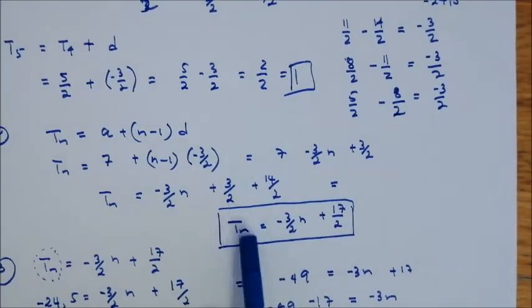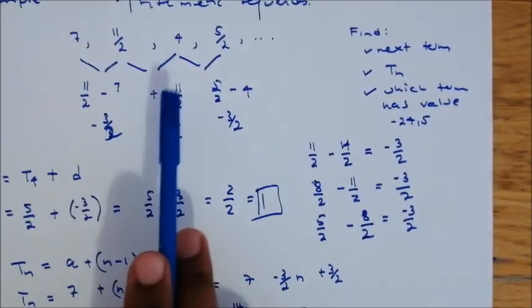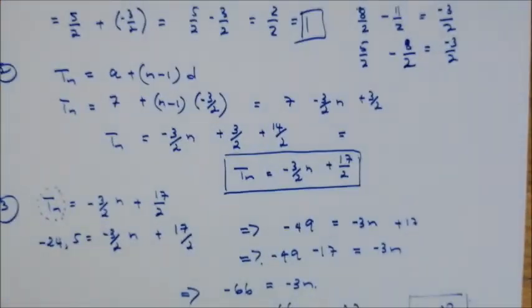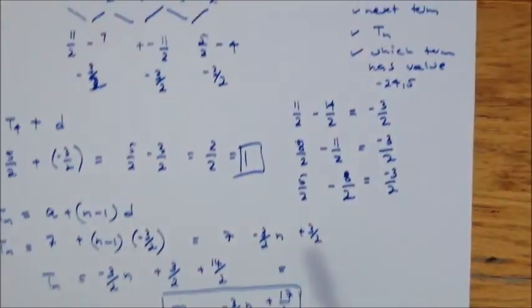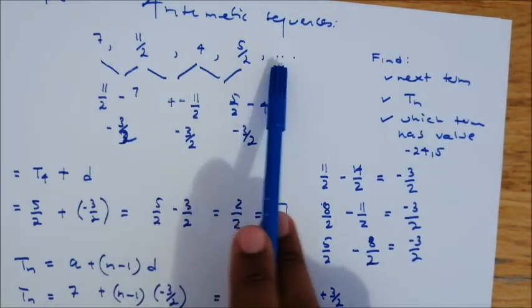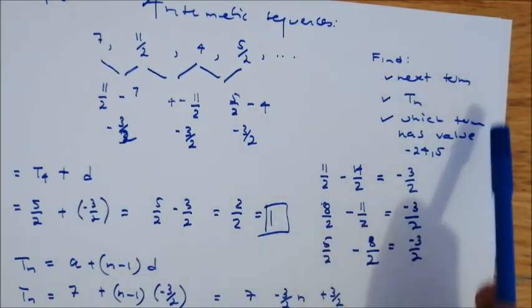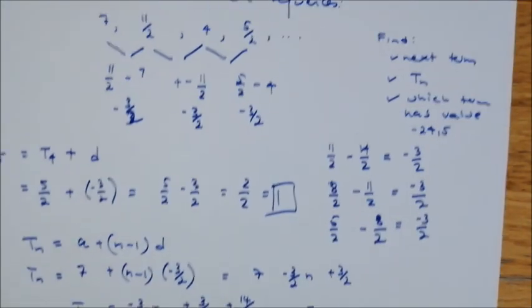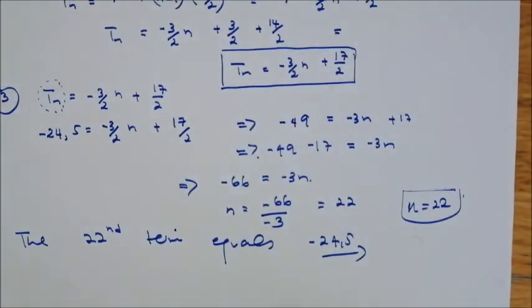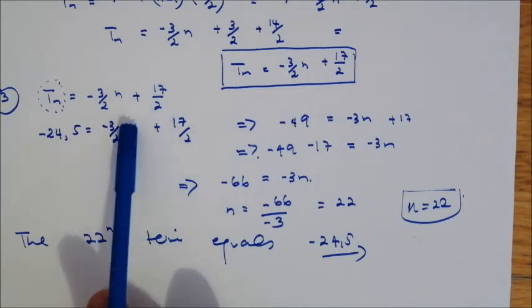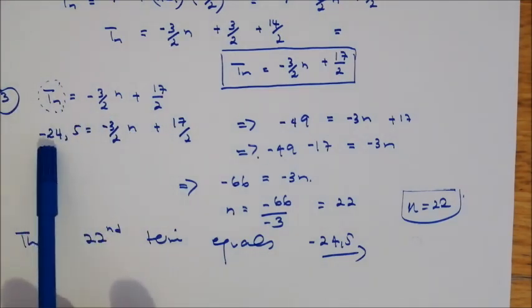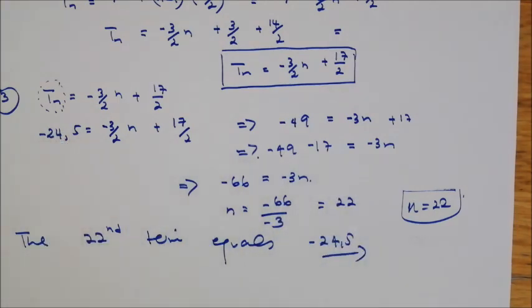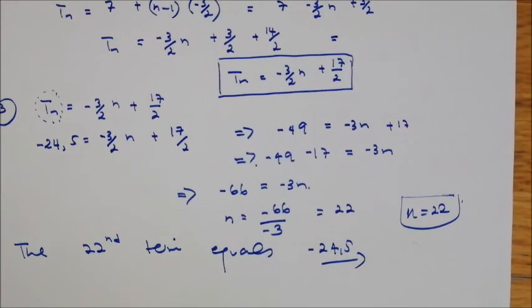This Tn corresponds to this specific sequence, right? Then we're asked to find which term has got the value of negative 24.5. So in other words, in this sequence, as we continue, there's going to be a term that has got this value, and they're asking us which term that is. So to get that, we need to find the position of the term, which is n. So we had to solve for n that corresponds to the term that equals this. Then our n was 22, so the 22nd term equals negative 24.5.